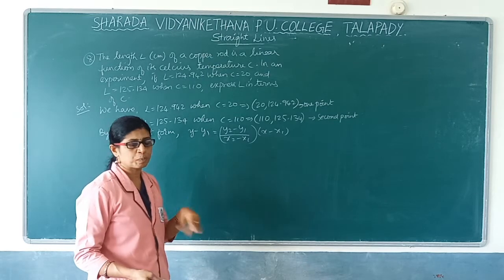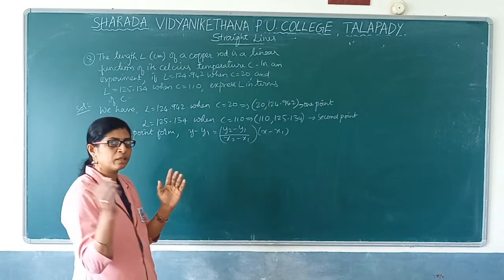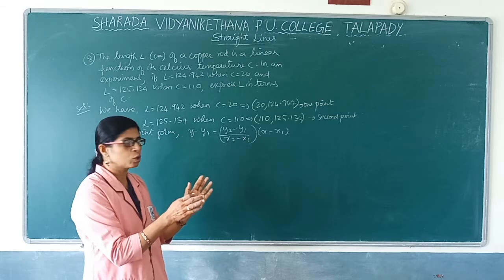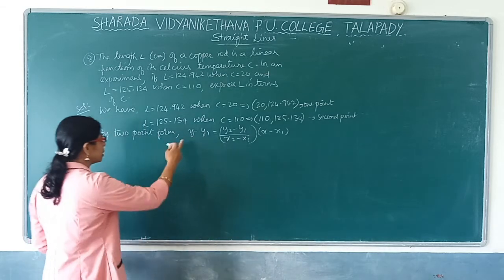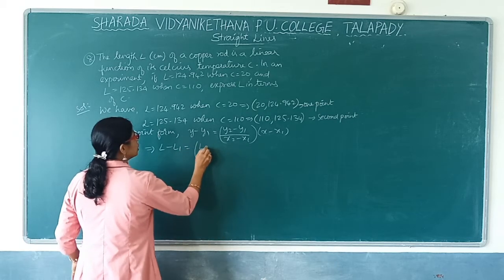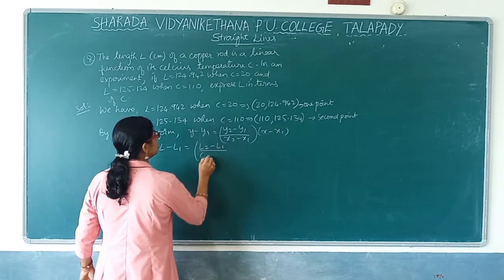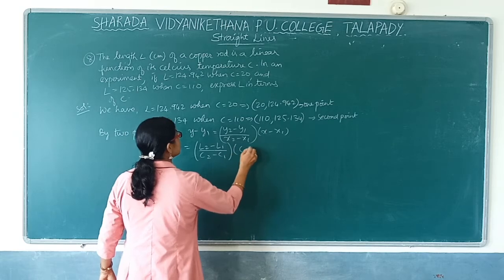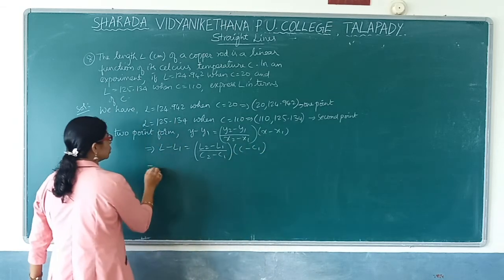You have to express L in terms of C, so it should be L is equal to something. So don't take Celsius temperature here, you have to take L, length. L minus L1 is equal to (L2 minus L1) by (C2 minus C1) of (C minus C1). This is your new equation.